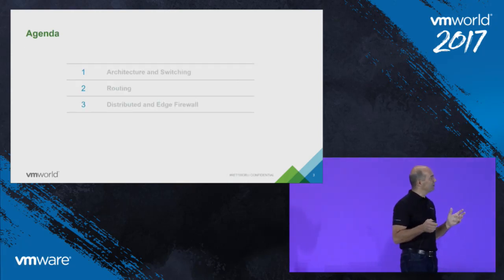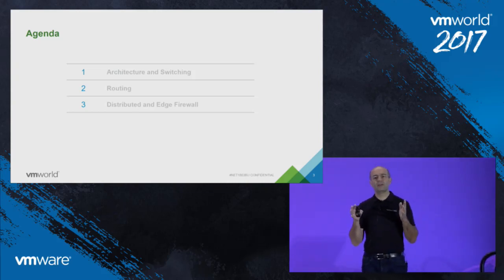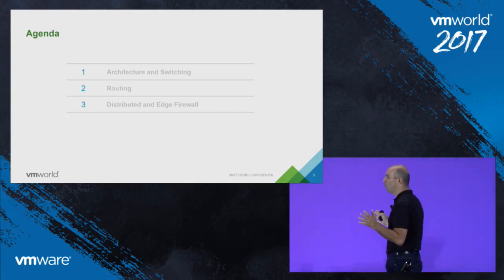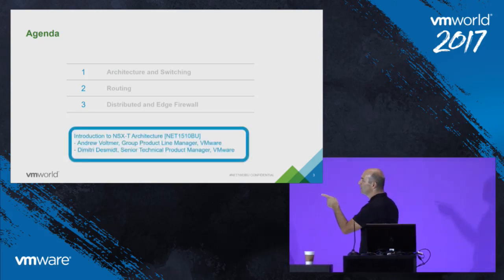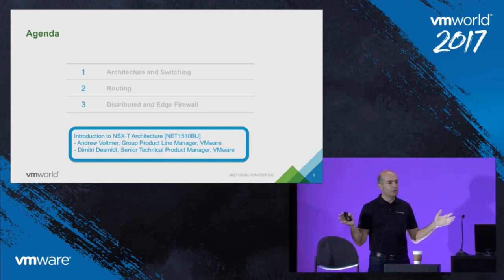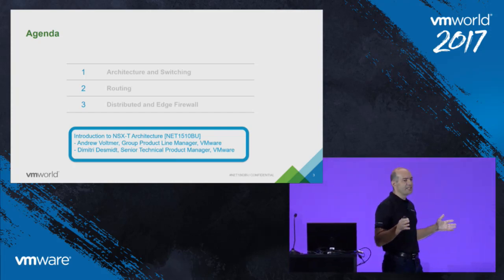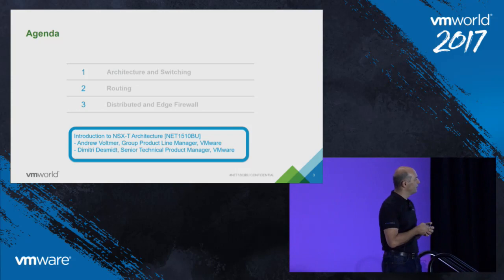In order to keep this presentation advanced, I'm going to focus on the core component of NSX-T and the on-prem version. So that's going to be a little bit of the architecture, switching, routing, and some firewall. We have this recorded session that happened on Monday that will give you an overview of what NSX-T can do, basically all the use cases for NSX-T, and I'll be referring to other presentations that are more specific within this presentation.